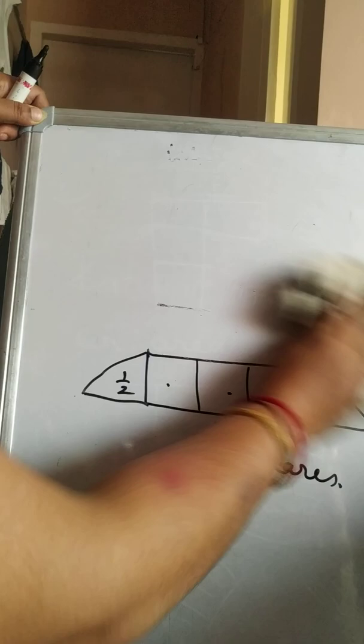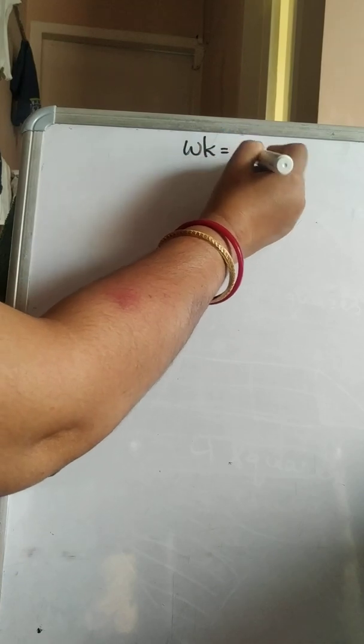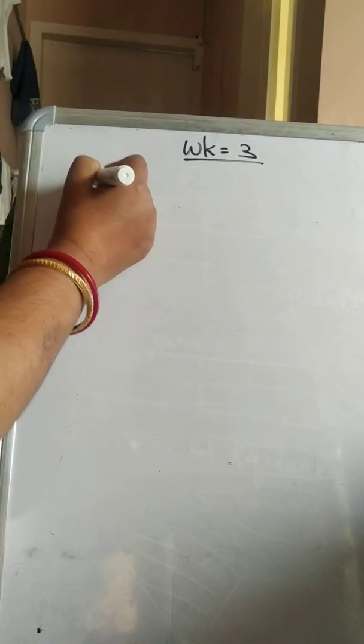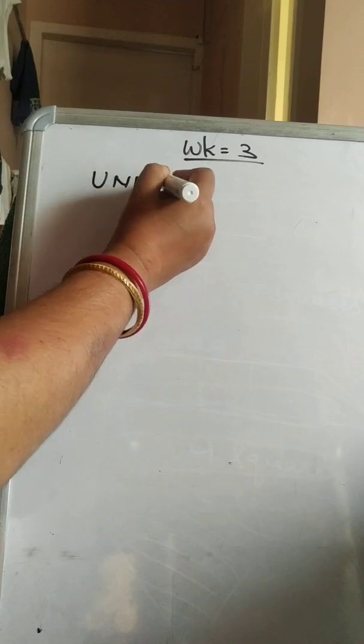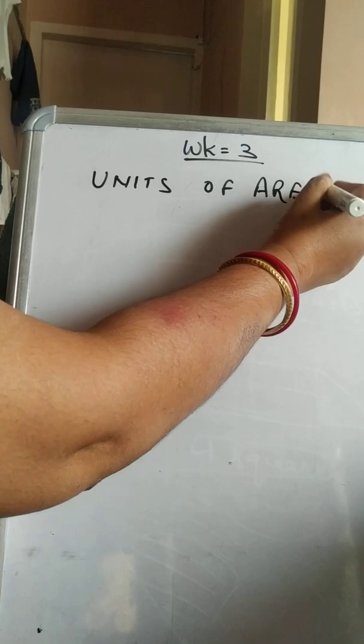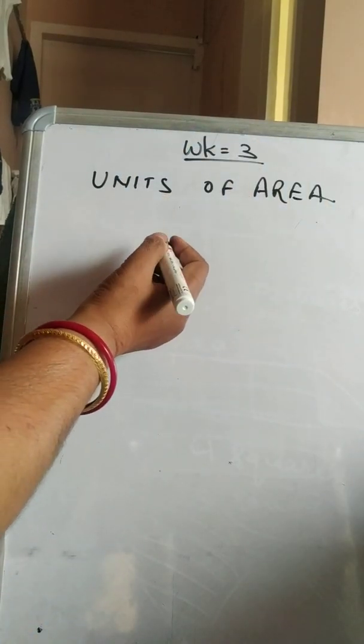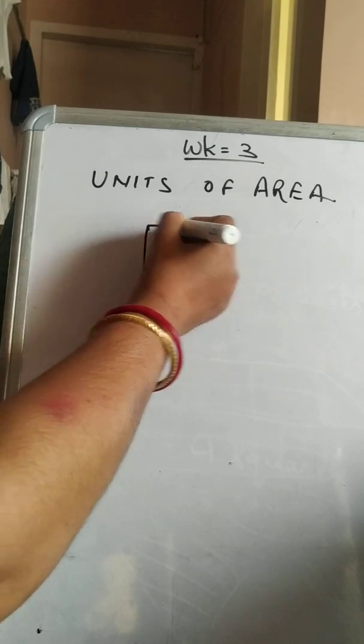Now come to worksheet number 3. In worksheet number 3, the topic is units of area. For example, we have to find the area of this figure.